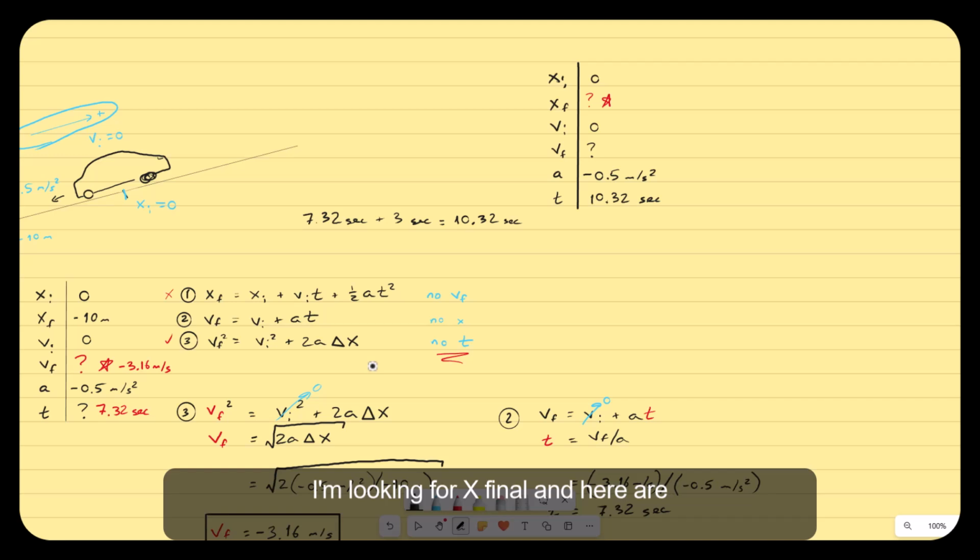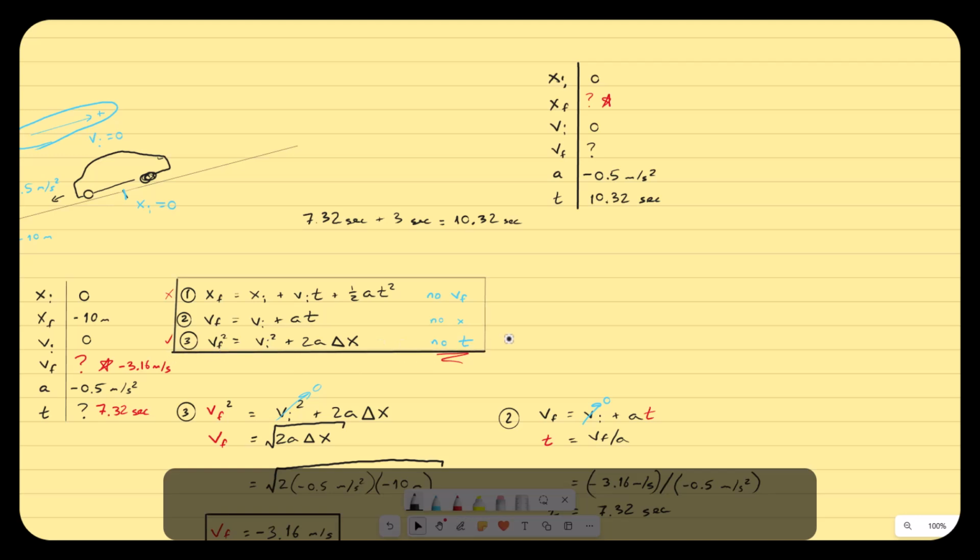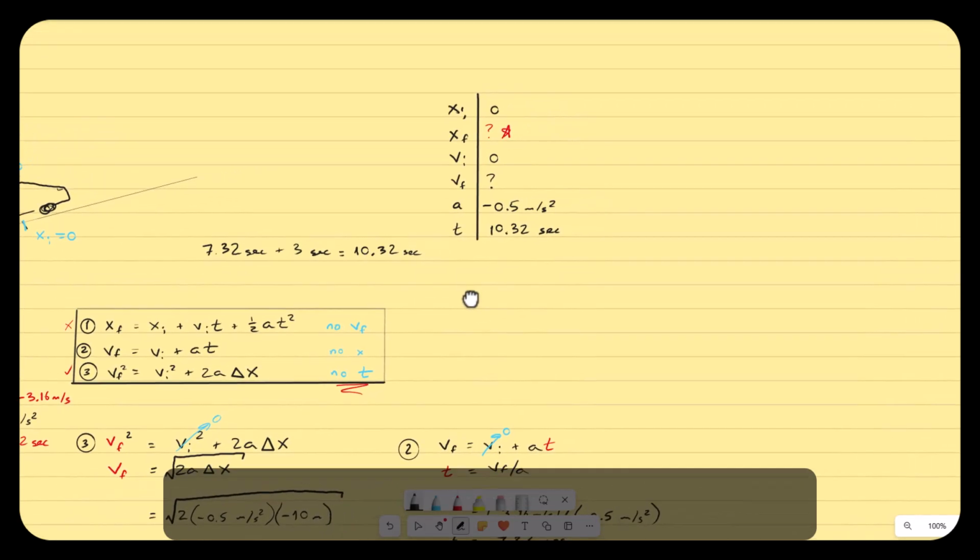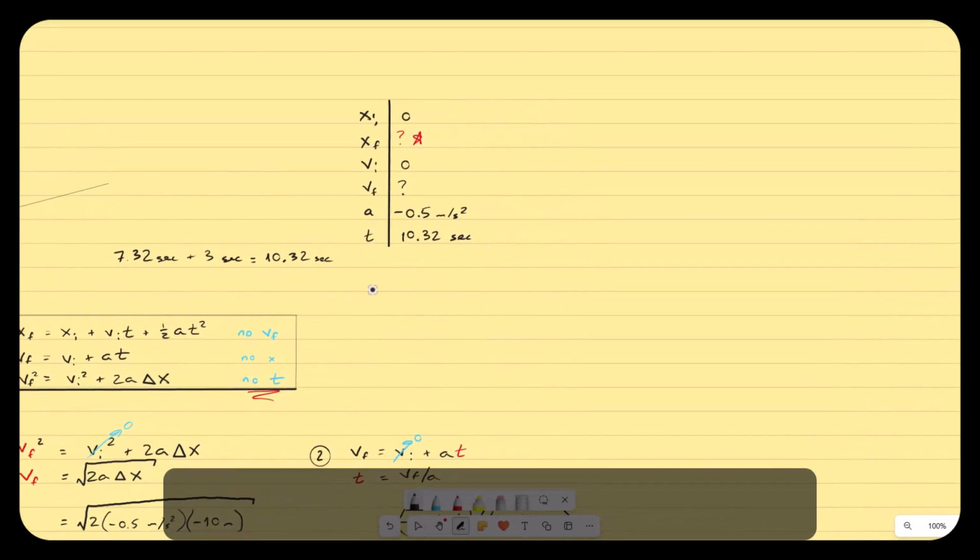I'm looking for x final, and here are my equations again. I'm looking for x final, and I don't have v final. Equation 1 looks like a great bet for this. So let's do that. Equation 1.